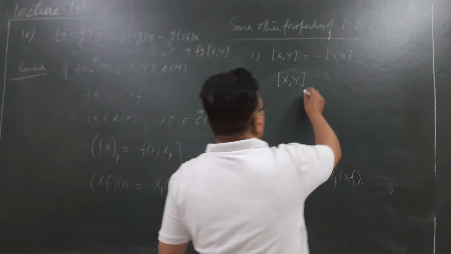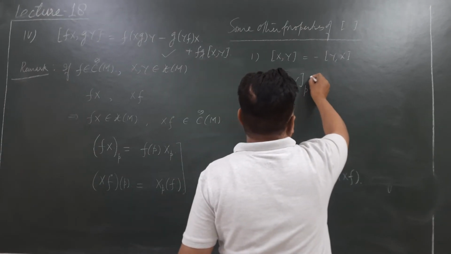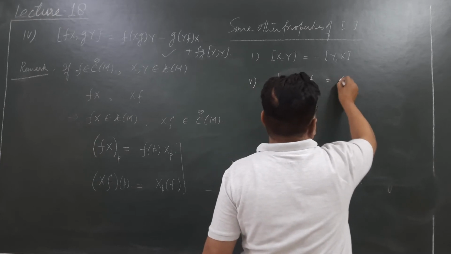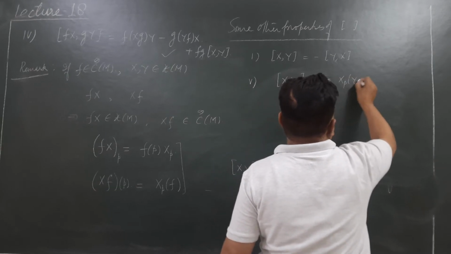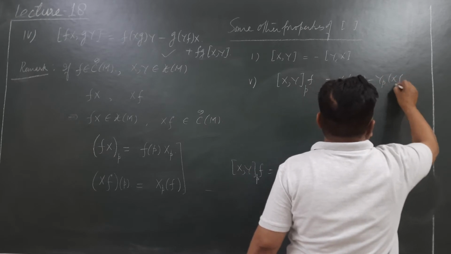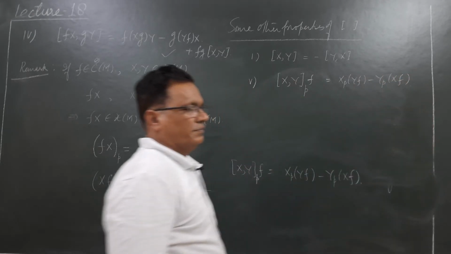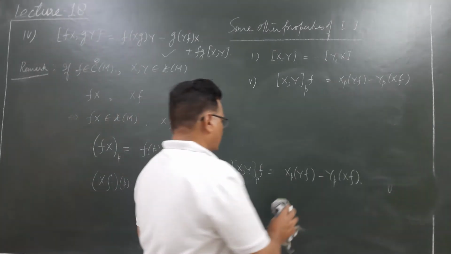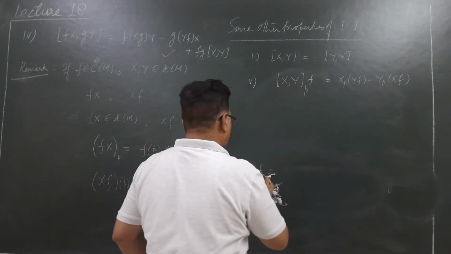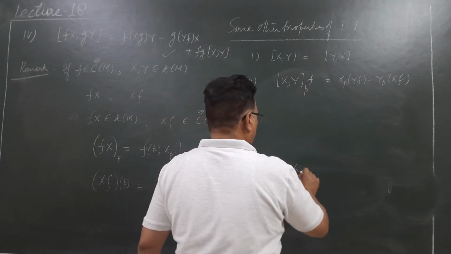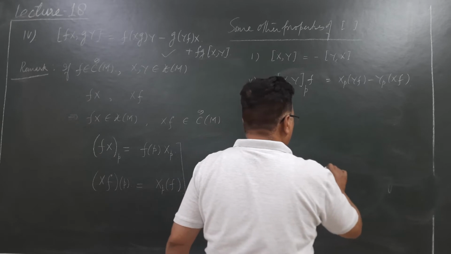So the rule is that the Lie bracket at the point P operating on f, it is xp yf minus yp xf. रीज़न समझ लेना चाहिए इसका. अगर p मिटा दें, so this will be equal to xyf minus yxf.